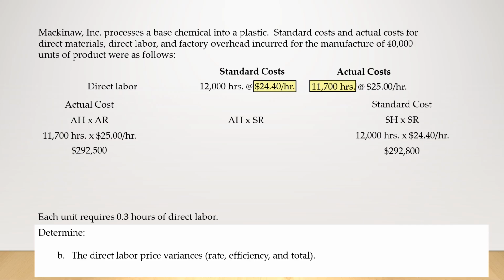The actual hours at the standard rate is how much we should have paid using the expected labor rate for the actual hours worked by Mackinac employees: 11,700 hours times $24.40 an hour, or $285,480.